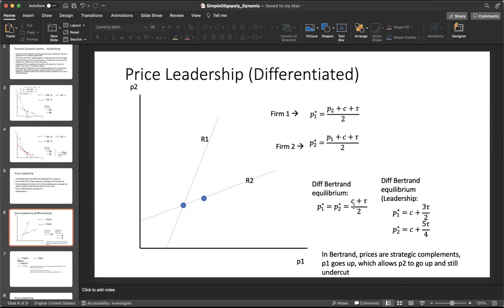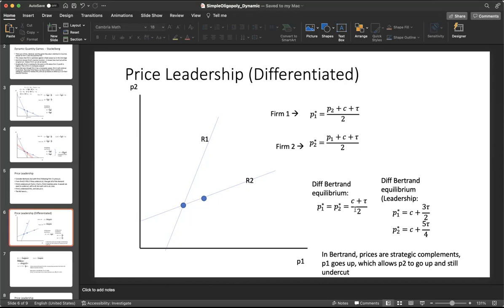I guess, sir, both prices increased. Both prices are higher, right? Yes. So P1 star is higher than the old P1 star, and the new P2 star is higher than the old P2 star.